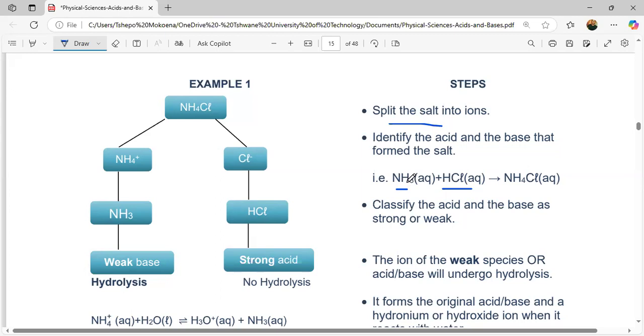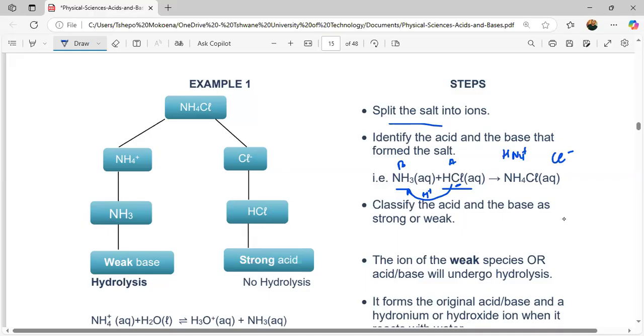You know that ammonia is a base. HCl is an acid. So this guy will donate a proton, and when he donates the proton, he's going to be left as Cl minus. And then this guy, when he accepts the proton, he's going to be NH4 plus ion.